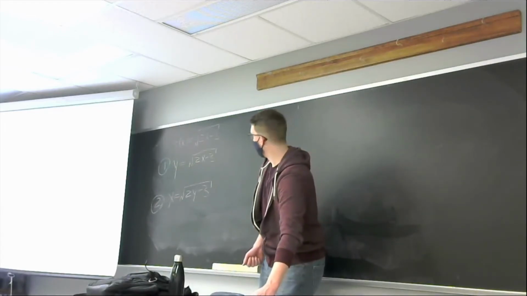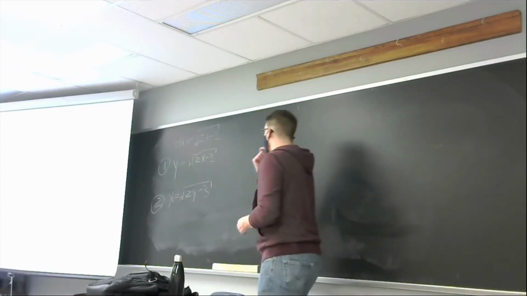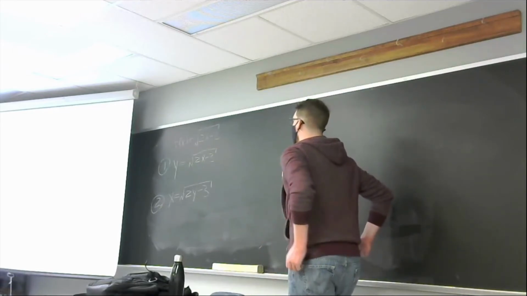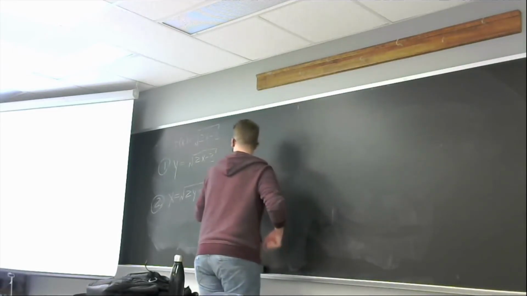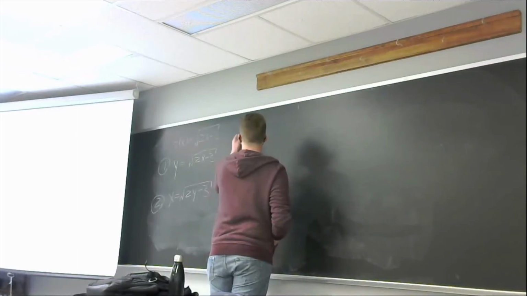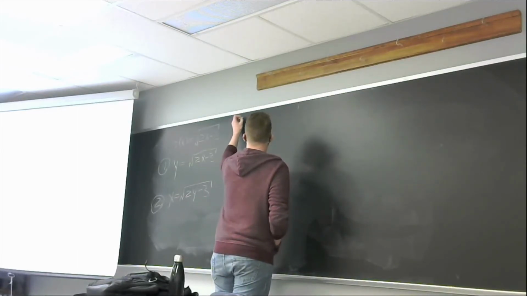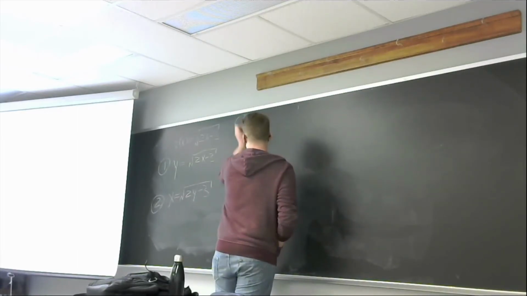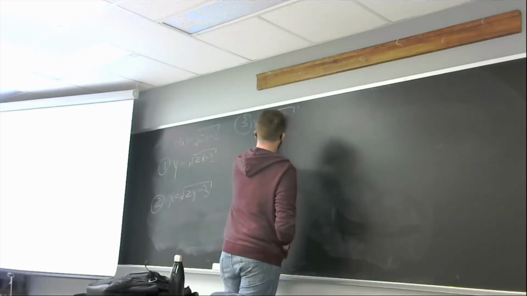Right? So the next step here is to solve for x. Doing that, we find x is equal to square root of 2y minus 3.